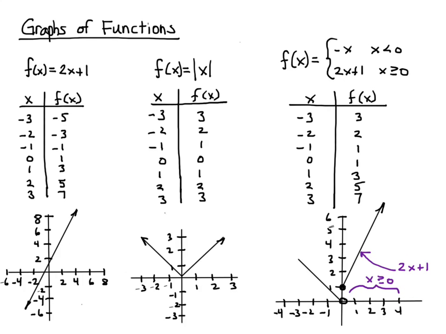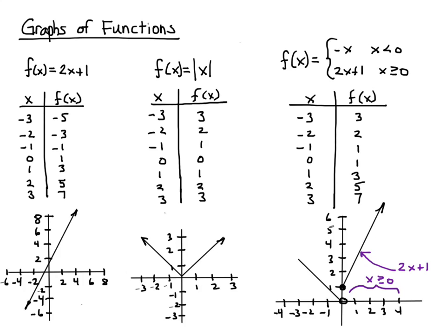And so it ends where x equals 0, okay? Because that's our rule that says this definition of the function ends when x equals 0. And then for the other values, we're actually going to take negative x, so it's going to look kind of like the left-hand side of the absolute value function.